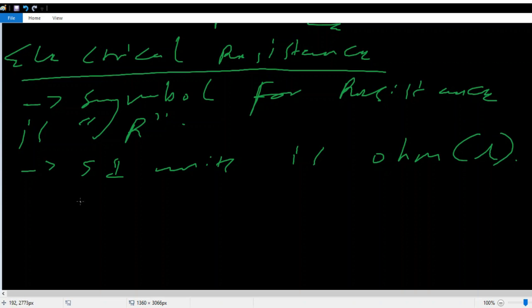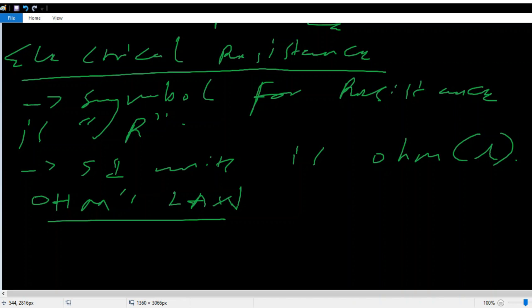Then let us look at Ohm's law. The law states that the current flowing through a conductor is directly proportional to the potential difference across it, provided the temperature is kept constant.